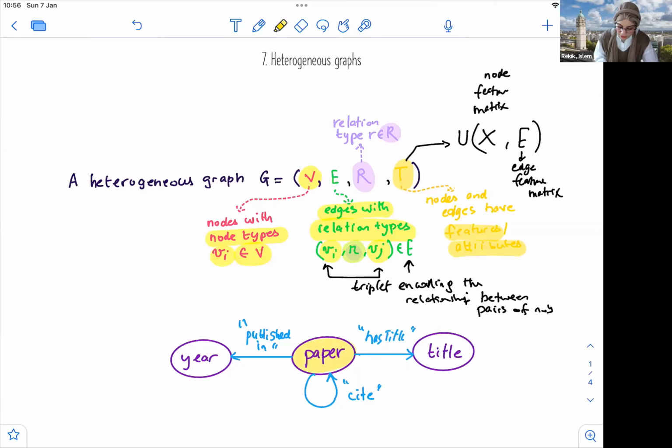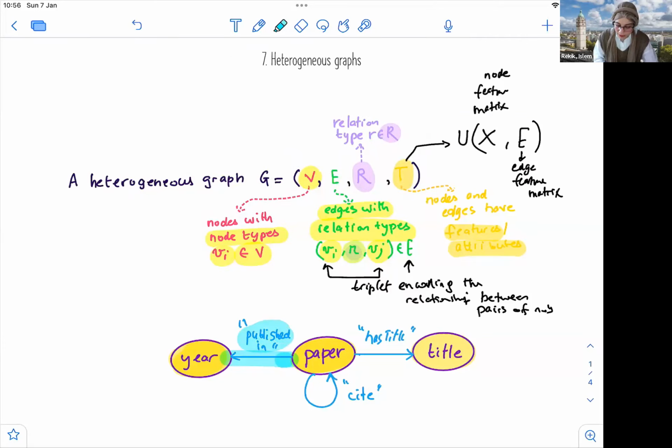So we have different types of nodes. So we have years, for example. We have the title of the paper. We have a paper citation, okay? The full citation or reference of the paper. And the paper has a title, it has a year of publication. So you can see here, these are the relationships that we have. So "published in" is actually the relation.